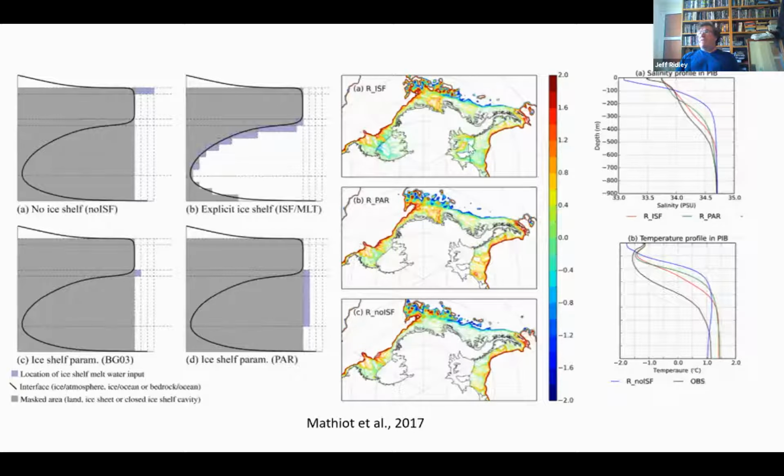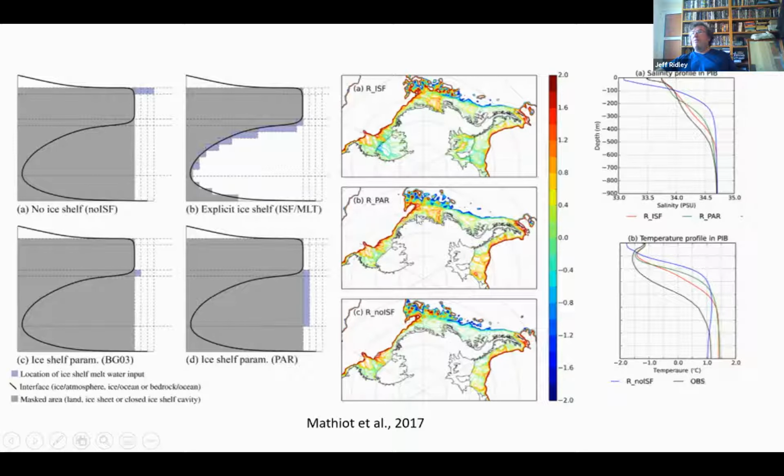So you want this near field representation in any model, and you can see that the top plot here shows what happens if you've got an actual ice shelf cavity, and you've got a stream function in front of the Pine Island Bay, which doesn't exist if you just put the surface water melt in as a surface melt. So that stream function could be quite important in generating this melt.